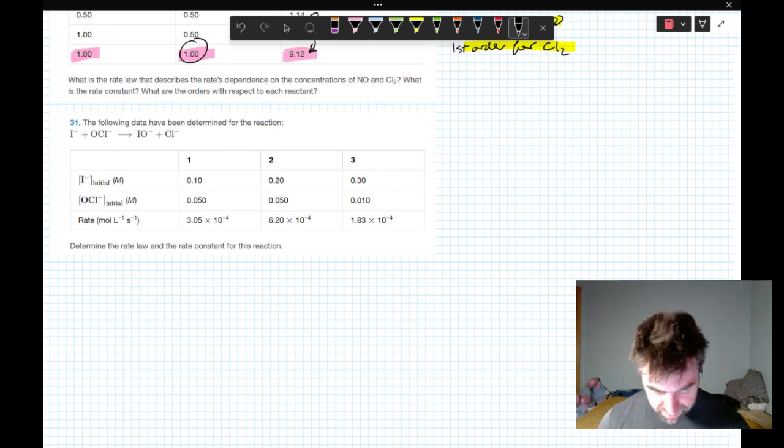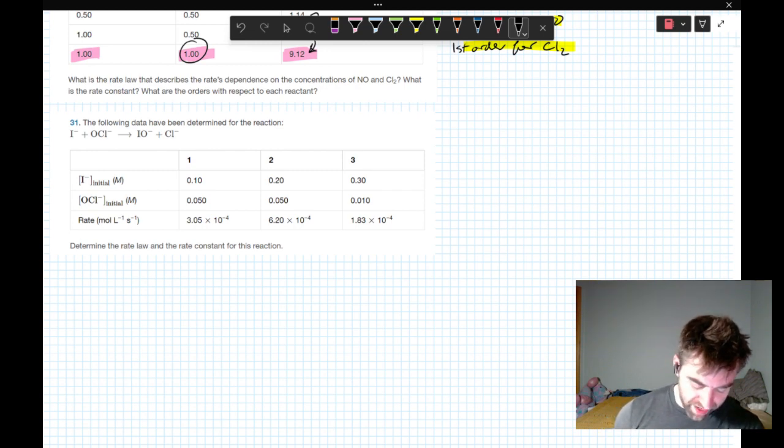The following data have been determined for the reaction of, looks like iodide with OCl. So this is a simple exchange reaction, it looks like.